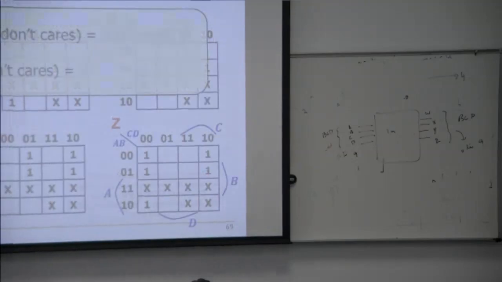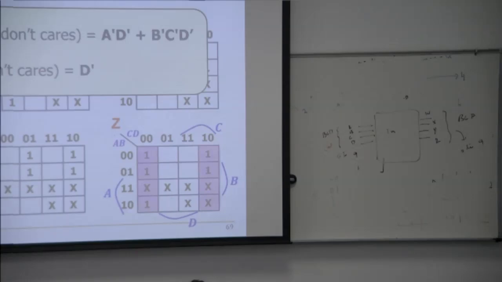Now if you look at here, we want to find Z without don't care. Without don't care, we are not including the X. There are 4 ones, and then these 2 ones, B bar, C bar. And if we include don't cares, the whole expression is D bar.